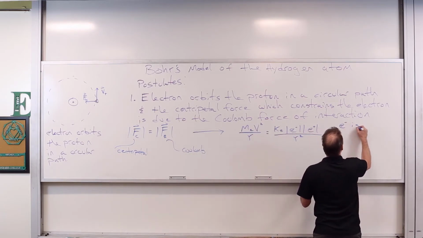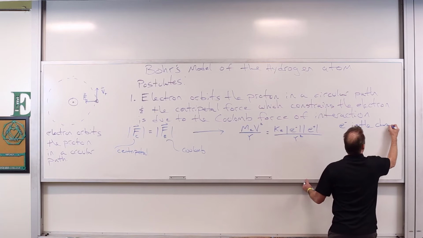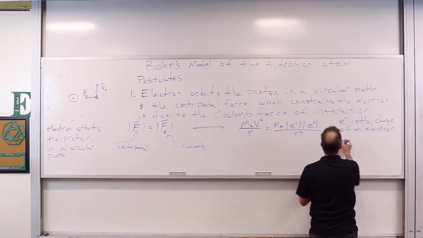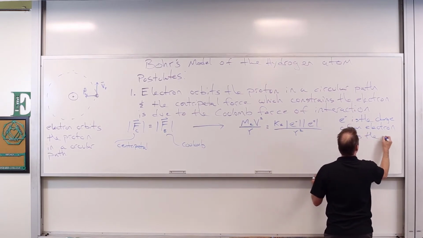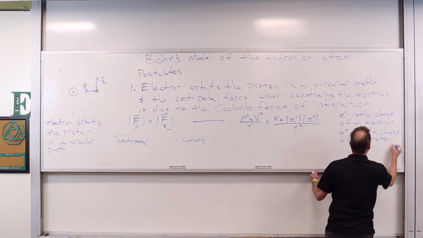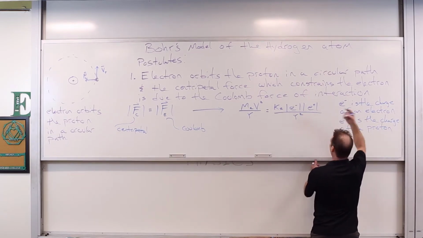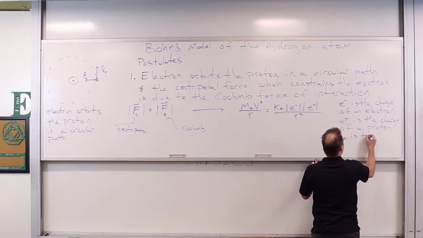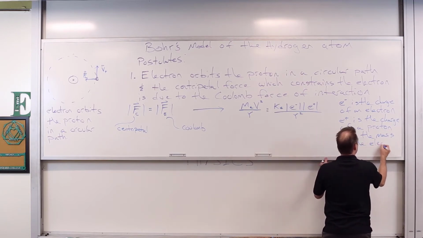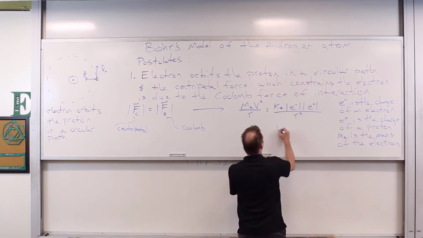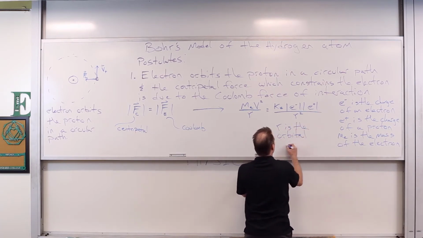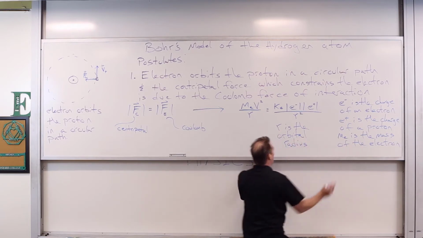E minus is the charge of an electron. E plus is the charge of a proton. We know what K sub E is, we know what M sub E is, the mass of the electron. And R is the orbital radius.